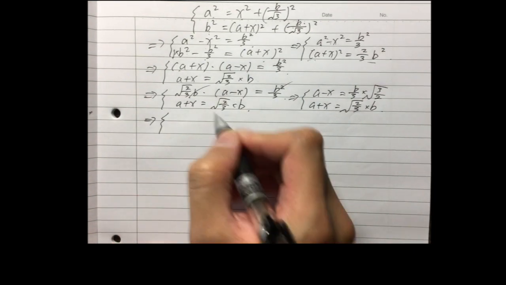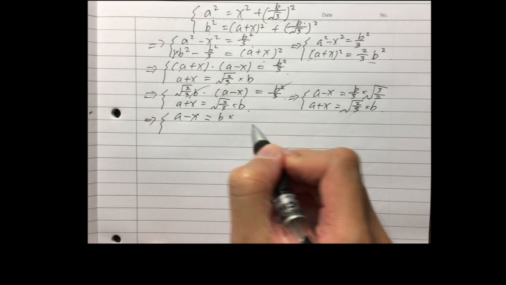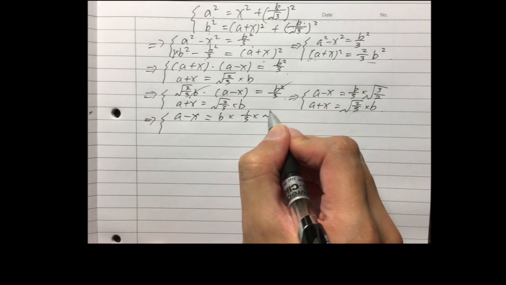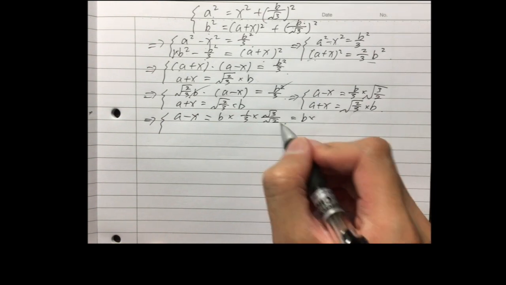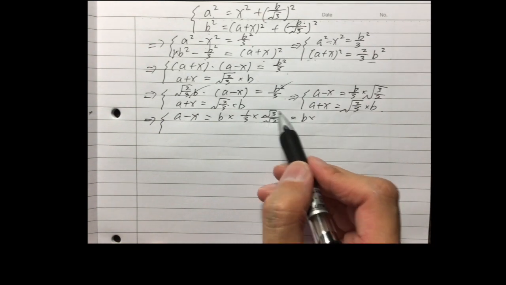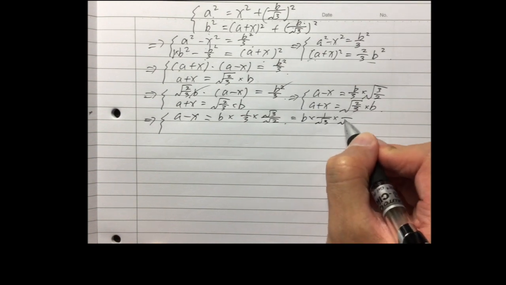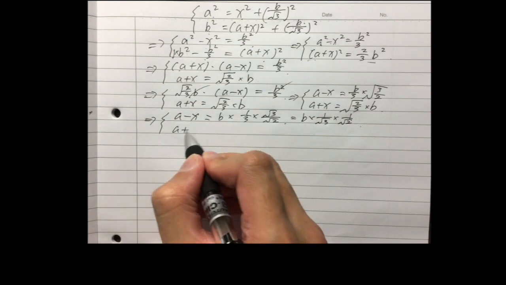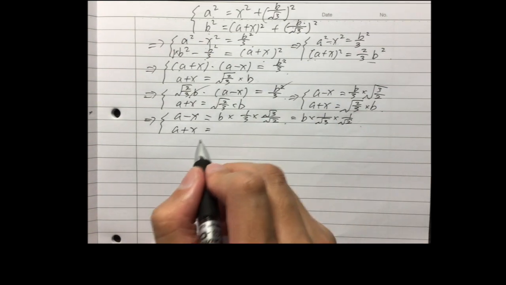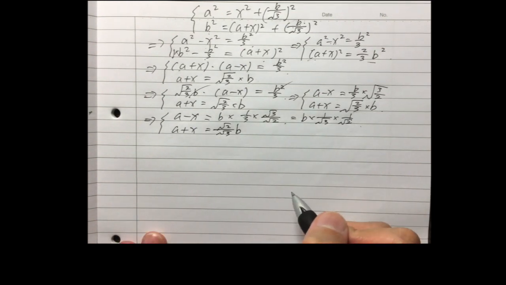We do some further simplification. A minus x will become b times 1 over 3 times square root 3 square root 2, which will be b times square root 3, and 3 will become 1 over square root 3 times 1 over square root 2, right? And below we get a plus x equals square root 2 over square root 3 times b.